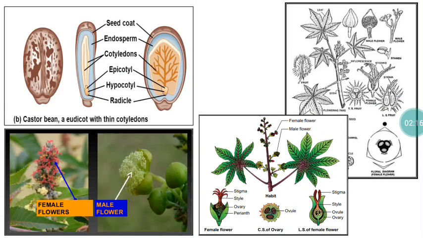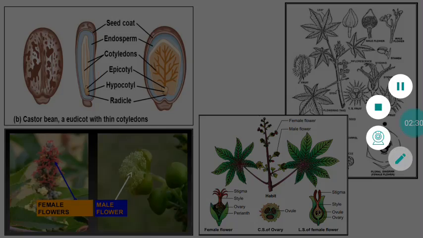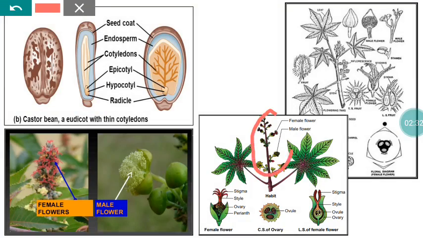Regarding the floral biology of castor, it produces both male and female flowers separately, but both occur on the same spike. So a raceme is produced. On the same spike, the top portion is occupied by the female flowers.